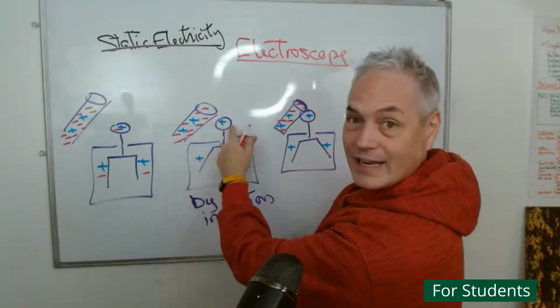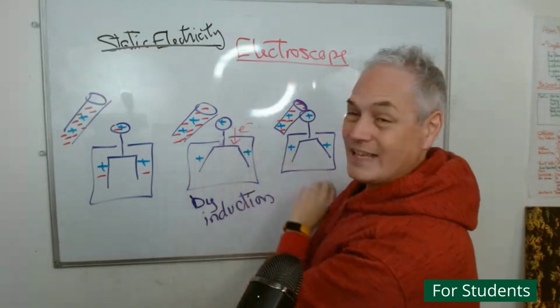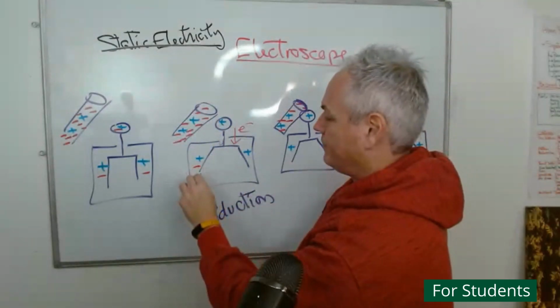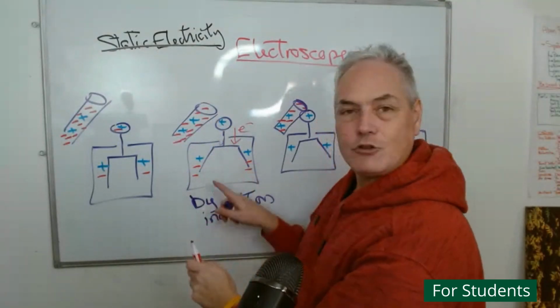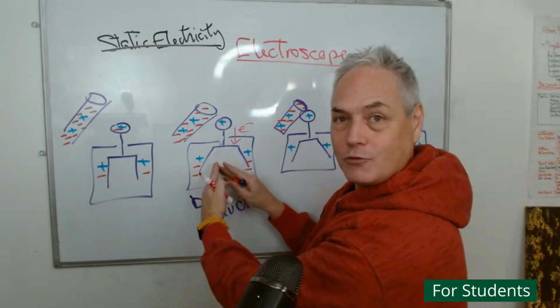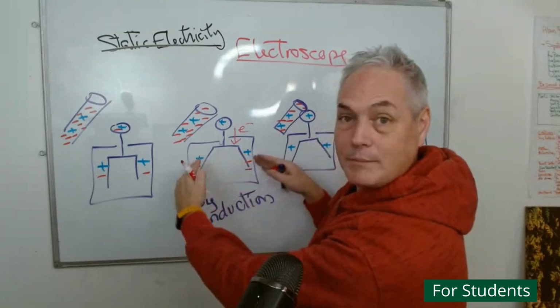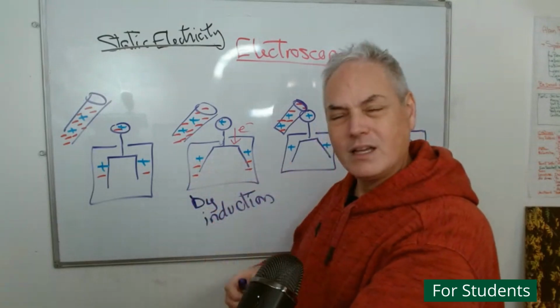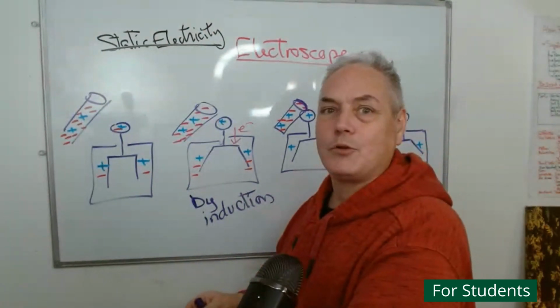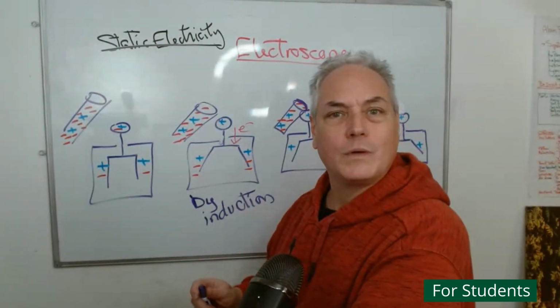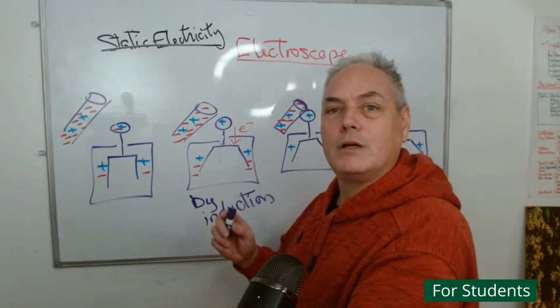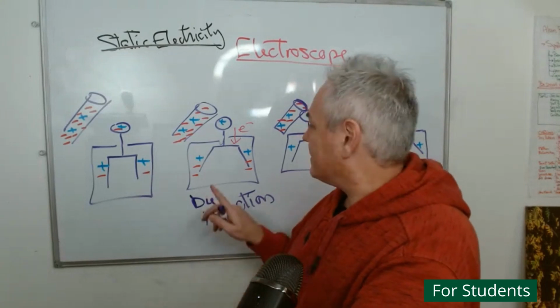So the electrons will be moving down, and now you have more electrons at the bottom, and therefore the two little leaves will move away from each other. And if you go on my channel, I have a video with an electroscope that I've used in the past showing how this works.